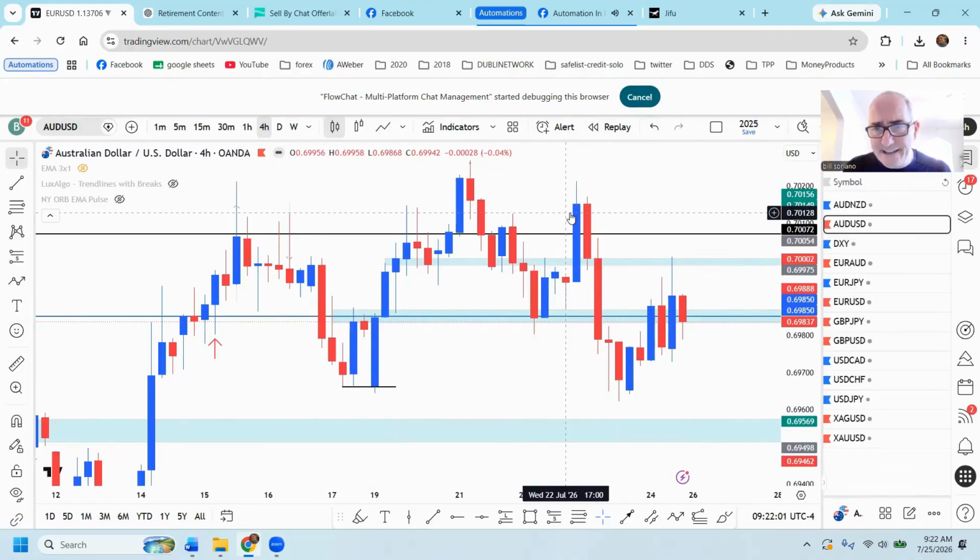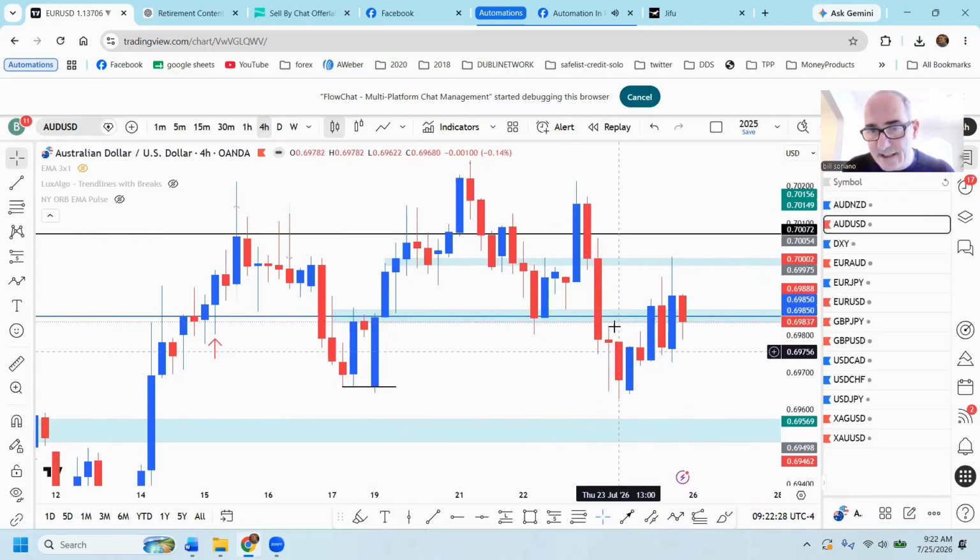What we see here is that once we get a 4 hour candle, not 4 minute, once we get a 4 hour candle that opens and closes below this range here, then we had a break of structure, and that break of structure is to the downside.